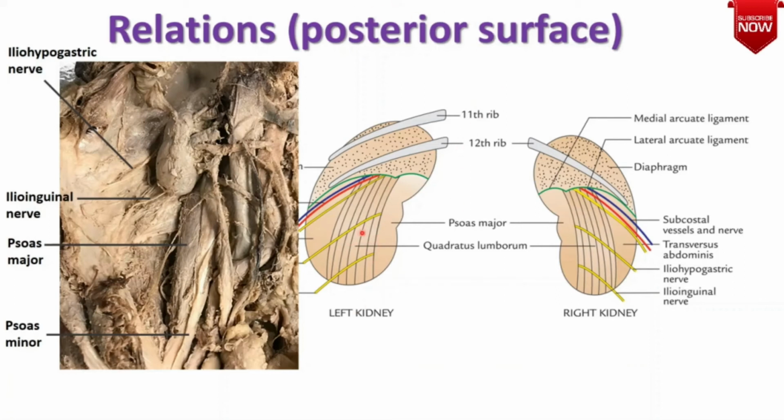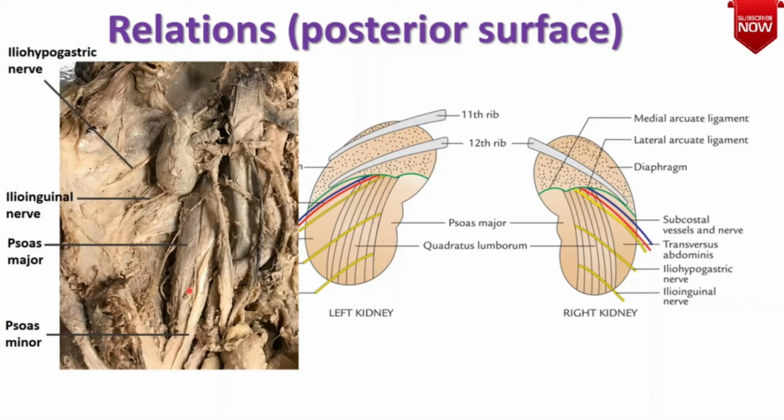So these are the structures related on the posterior surface. You can also appreciate in this diagram, this one is the kidney. Here is the iliohypogastric nerve. And this one is the ilioinguinal nerve. You can also appreciate this muscle over here.